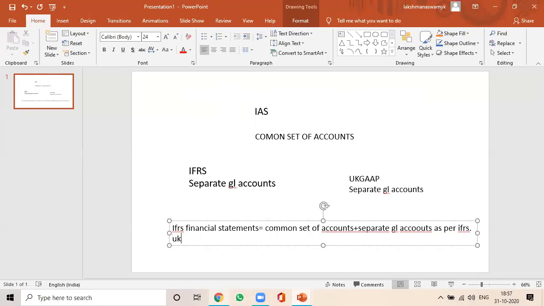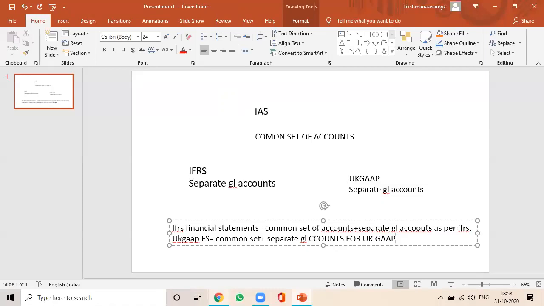Suppose UK GAAP financial statements is nothing but common set plus separate GL accounts for UK GAAP. So where do we assign these GL accounts? In the financial statement version, right? In the financial statement version, you have one function, assignment of GL accounts.